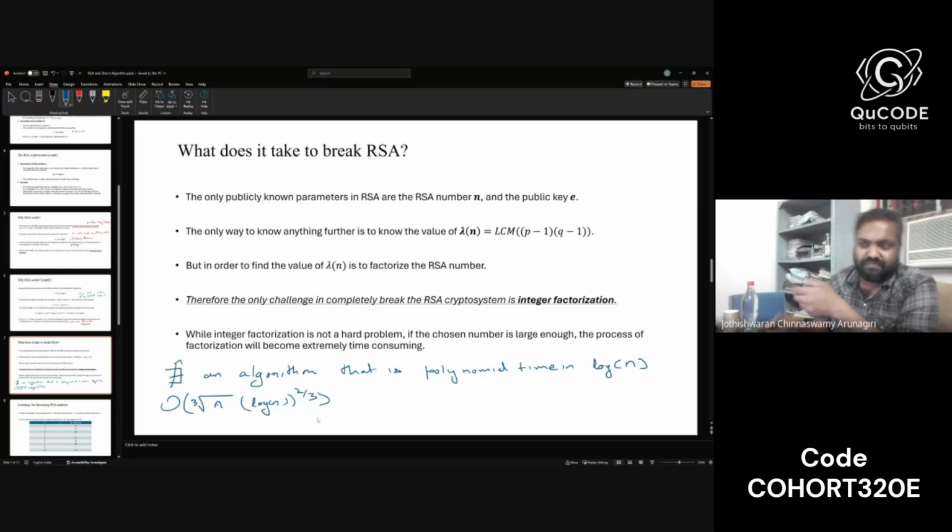So it scales reasonably well, as long as one is willing to ignore the definition that all algorithms need to be polynomial in the size of the integer. Okay. So when we choose a large enough number, this will become extremely time consuming.